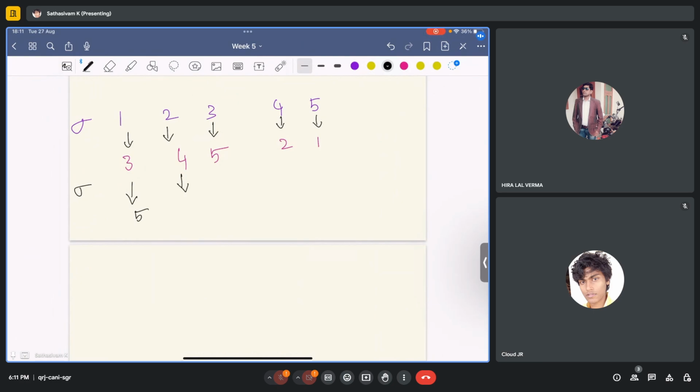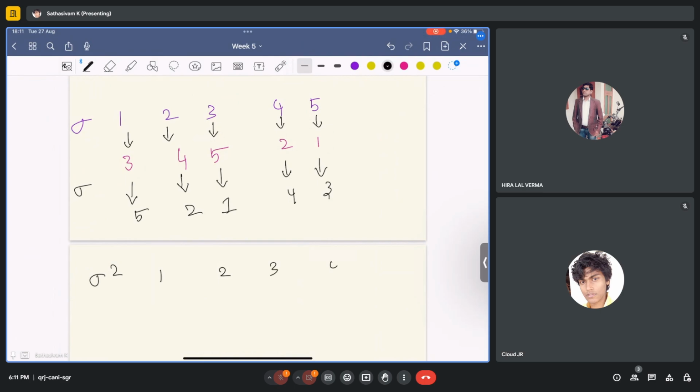What happens to 4? 4 will go to 2. And 5 will go to 1. And 2 will go to 4. And 1 goes to 3. So basically sigma squared is just this permutation.